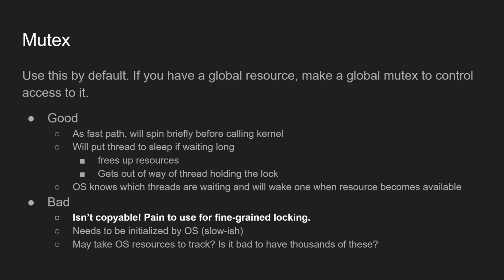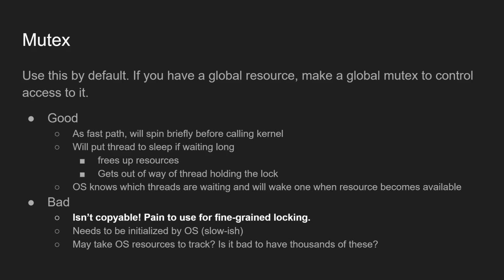And if there are multiple threads contending for the lock, a thread will remove itself out of the way and allow other threads to complete their work so that they can get done with the mutex. This prevents starvation of threads. Also, since the operating system knows what threads were put to sleep to wait for the mutex, it can wake a single thread when it's ready and the mutex has become free. So that's a lot of good properties of a mutex.